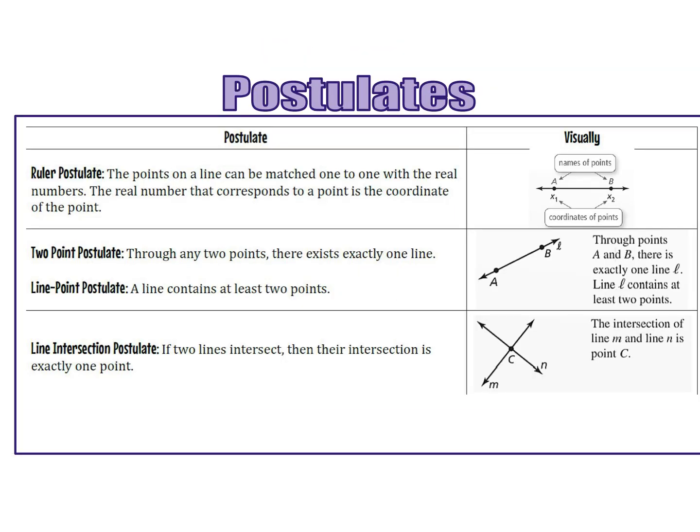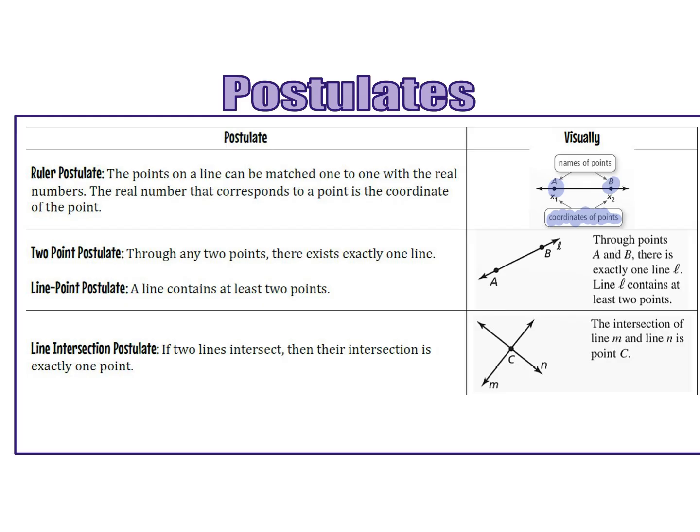Now we're going to get into the postulates that we're learning in this section. The first is the ruler postulate. The ruler postulate says that points on a line can be matched with real numbers. So in a coordinate plane, if we have the coordinate 2, 5 and the coordinate 2, 8, we could use those to find the total length or the distance between points A and B. The reason this is called the ruler postulate is because in theory we could actually use a ruler to measure length.